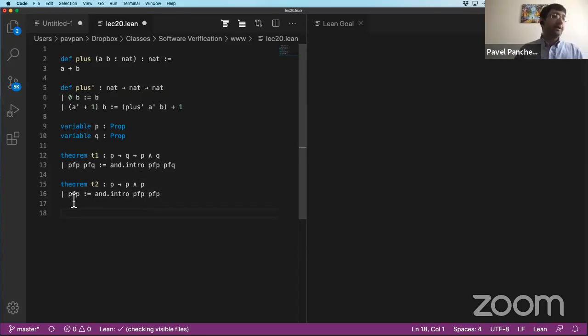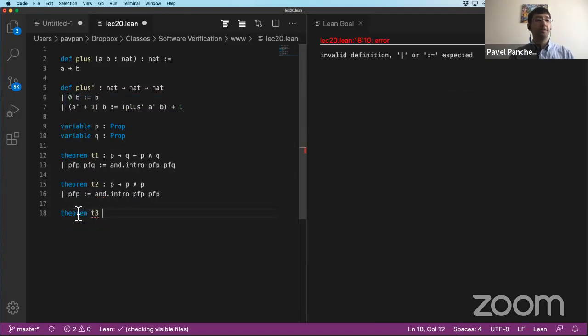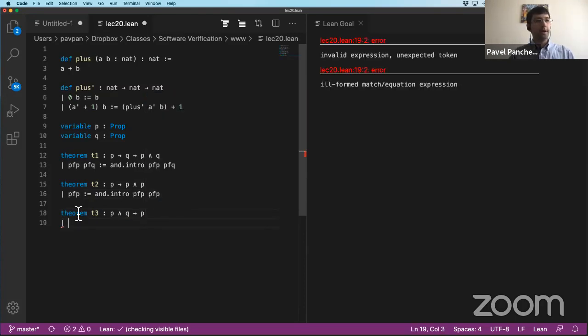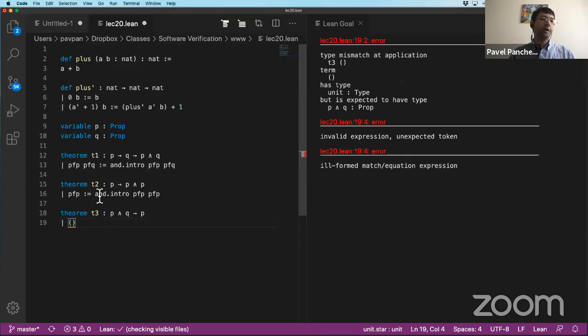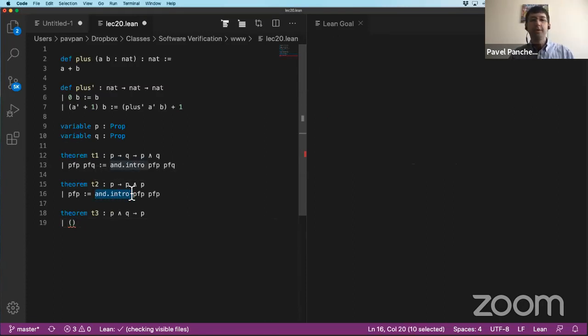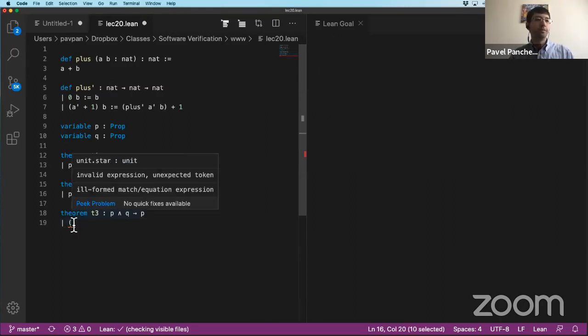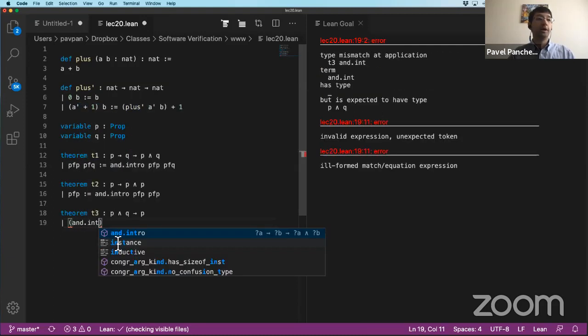On the other hand, so far we've treated these proofs of P or Q as totally opaque, but these themselves have some kind of structure. So for example, suppose I know that P and Q is true. I should be able to learn that P is true. And the way we can learn this is because to produce a proof of and, we have to have called and.intro.